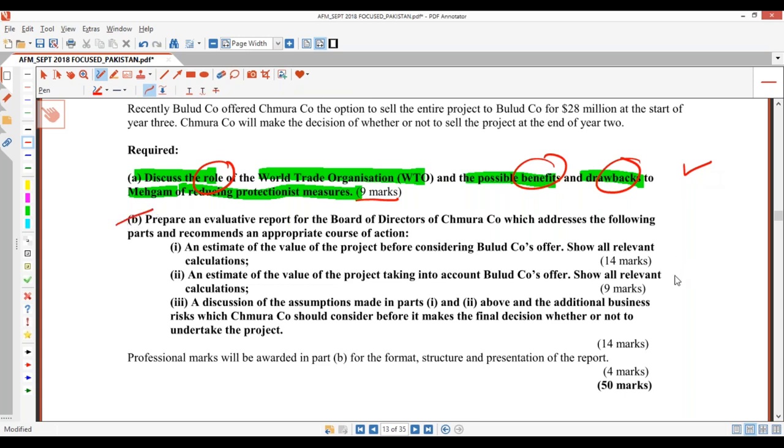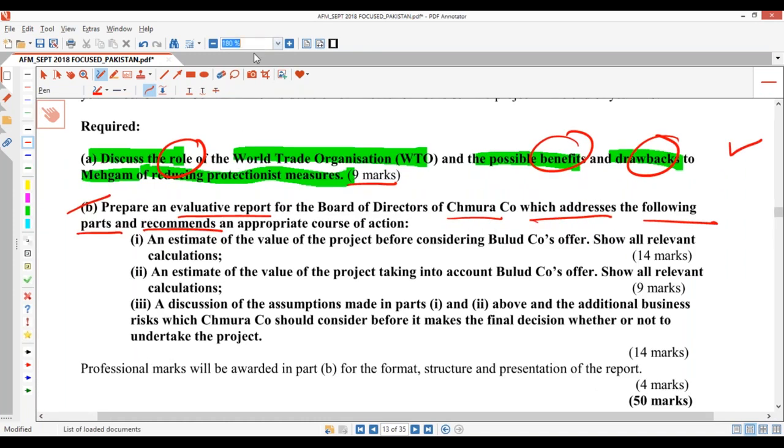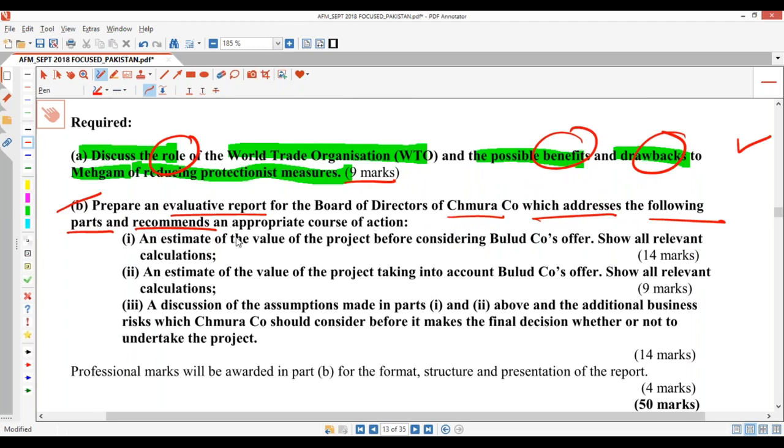Part B is another evaluative report for the board of directors of Kiomura, which addresses the following parts and recommendation. An estimate of the value of the project before considering Balut's offer.